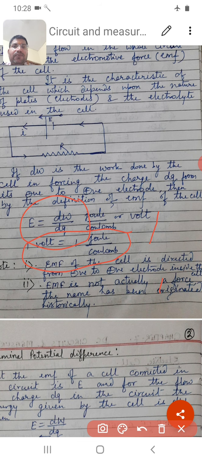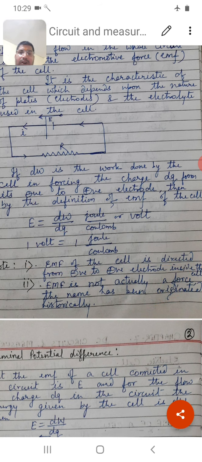Actually, EMF is not a force. Its name has been originated historically. And the second point is that the direction of EMF is always from negative electrode to positive electrode, because this is the direction of flow of positive charge.